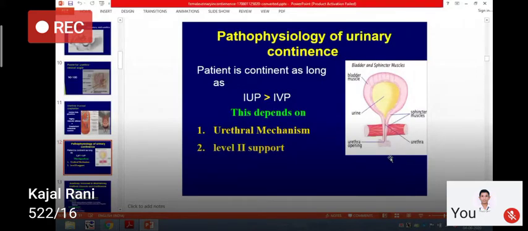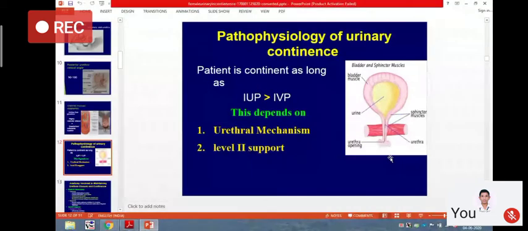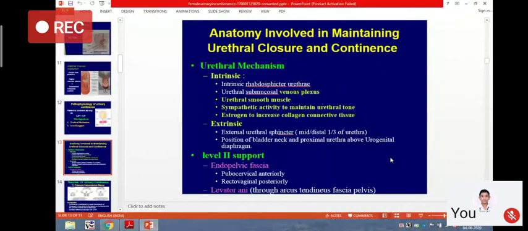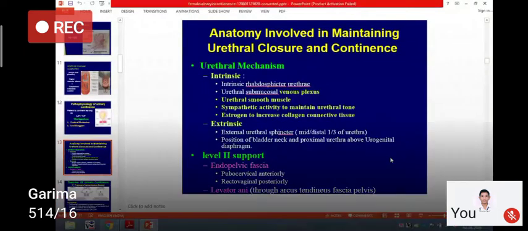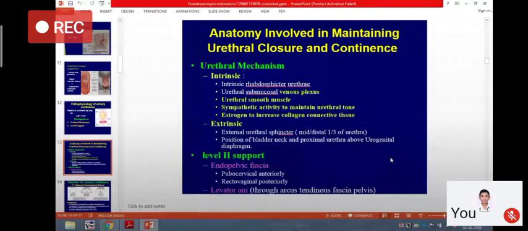So the patient is continent as long as intraurethral pressure is more than intravesical pressure. And this I've already told you, this depends on the urethral mechanism and the level 2 support. The urethral mechanism involves the intrinsic rhabdosphincter urethrae, submucosal venous plexus, urethral smooth muscle, sympathetic activity to maintain urethral tone, and estrogen, which increases the collagen connective tissue.